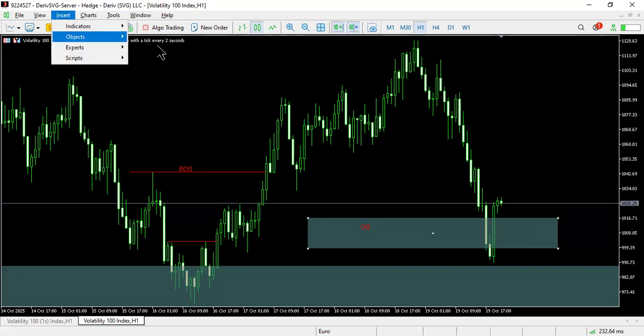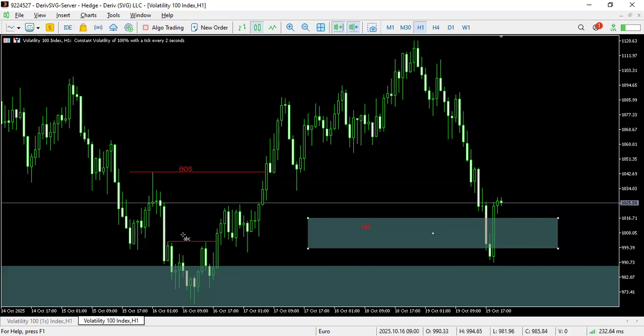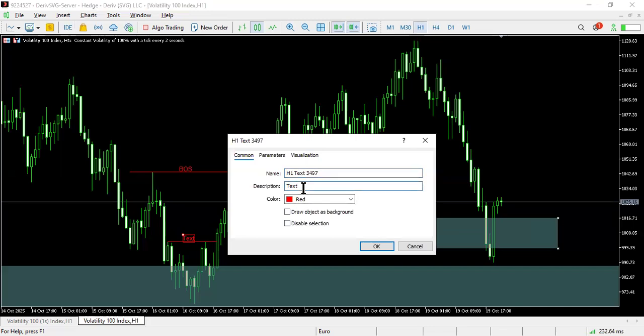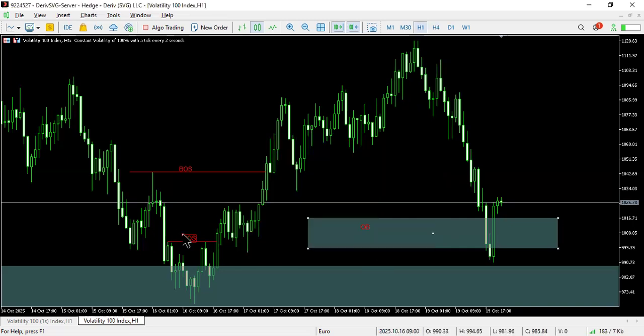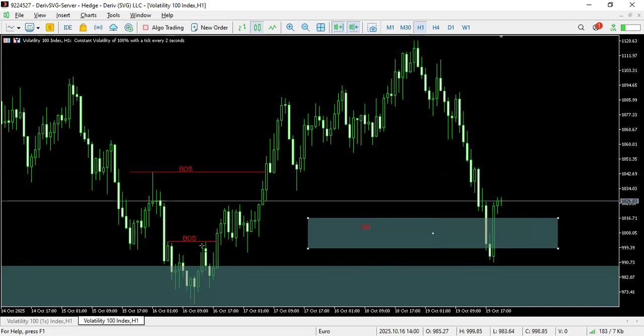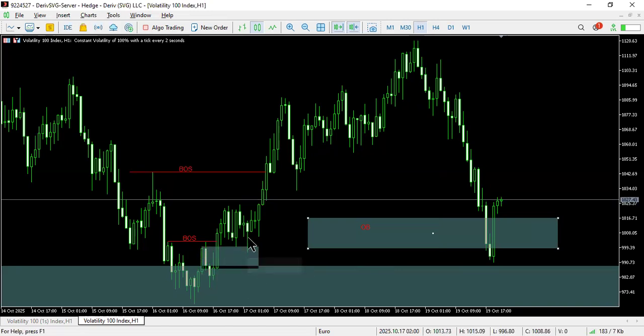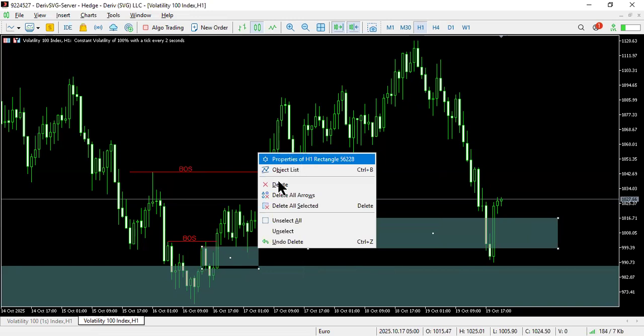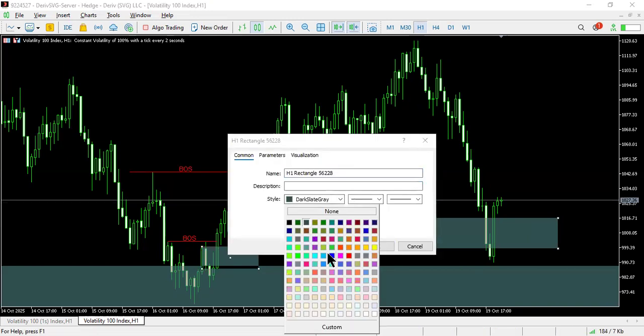So that was a break of structure. And then the other block which caused the break of structure is that one where price stepped in and pushed price to the upside. So that other block is the one that dished out that move.